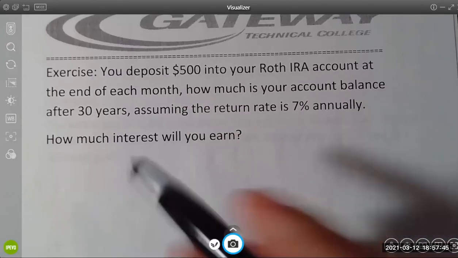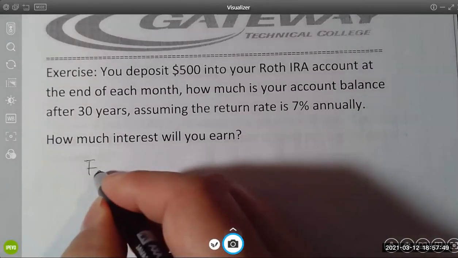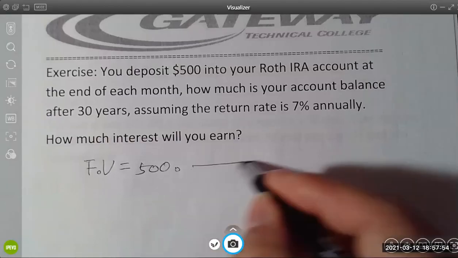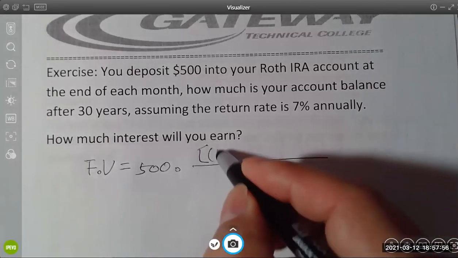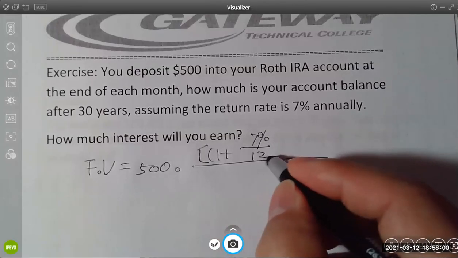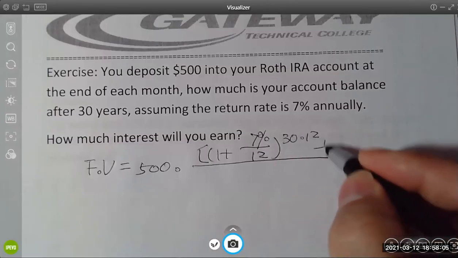So let's do that. Still future value. I don't need to rewrite that formula anymore. Equal deposit amount times 1 plus 7%. We deposit monthly, so it will be compounded monthly. We have 30 years times 12, minus 1.